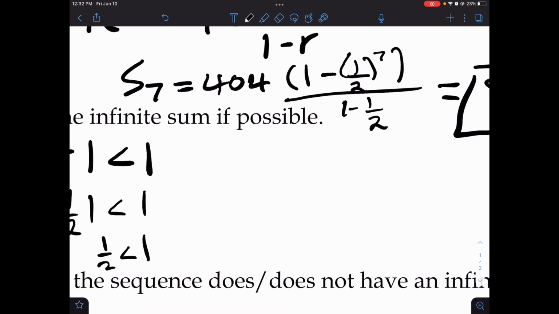So the formula to find our infinite sum is S of n is equal to a1 over 1 minus r.